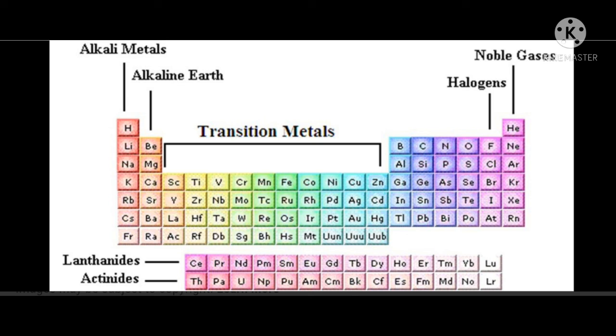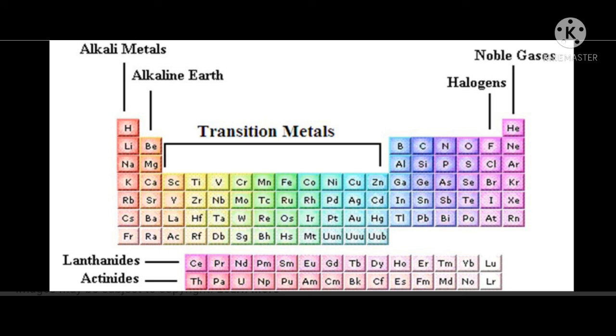Alkali metals are placed in group 1. Hence group 1 is called the group of alkali metals. Alkaline earth metals are kept in group 2. Group 2 is of the alkaline earth metals.